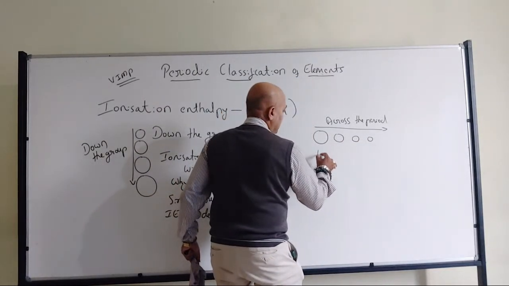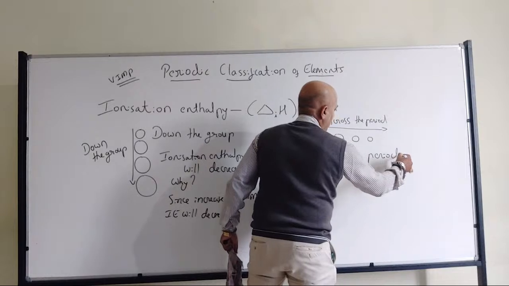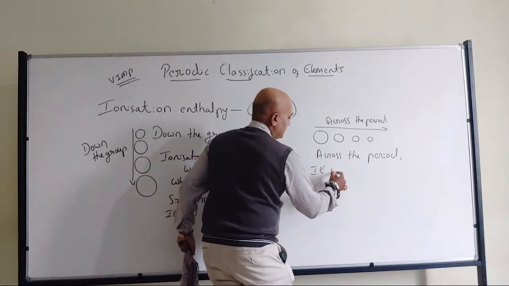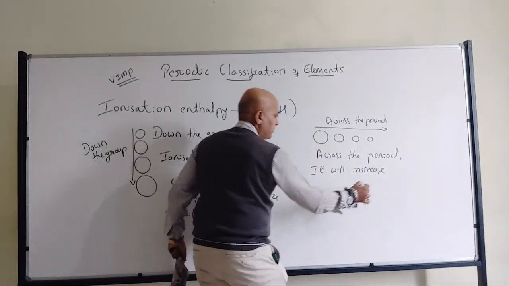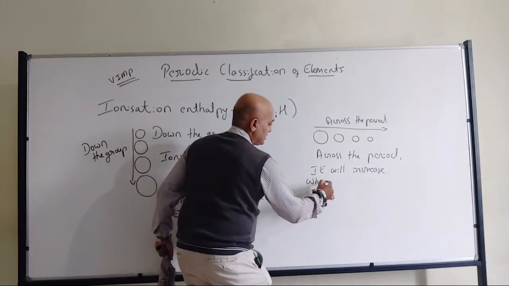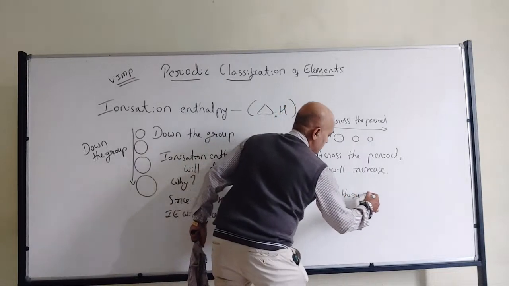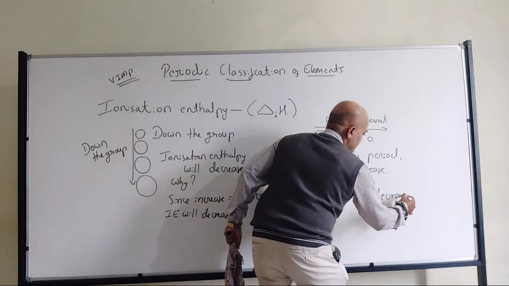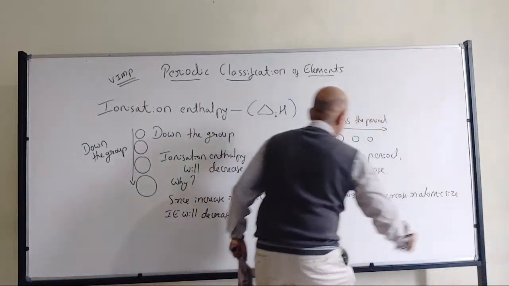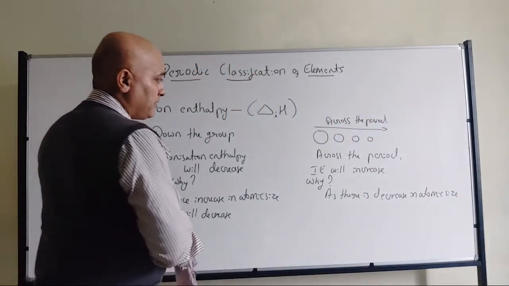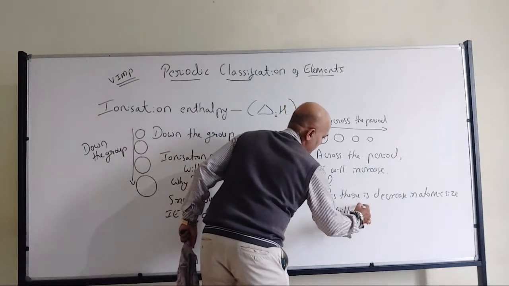Across the period, ionization enthalpy will increase. Now the question is why? As there is a decrease in atomic size, ionization enthalpy will increase.